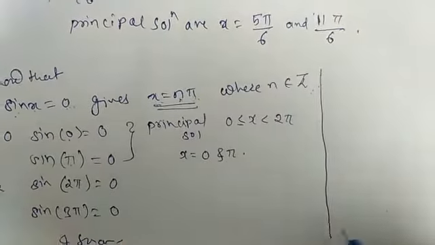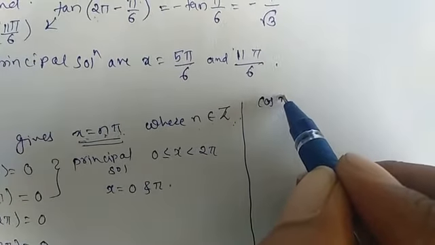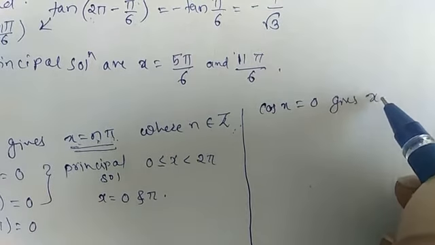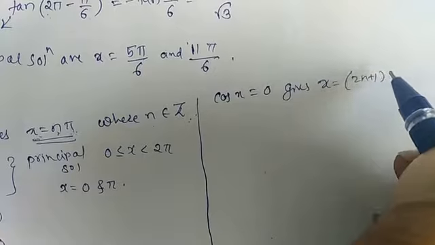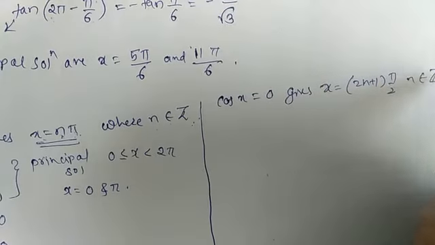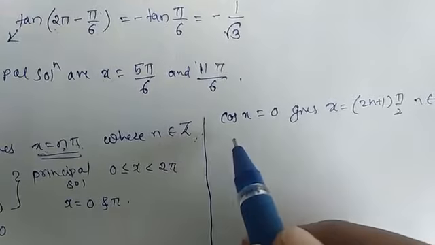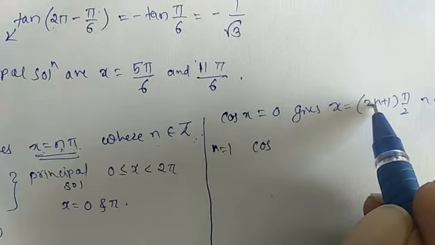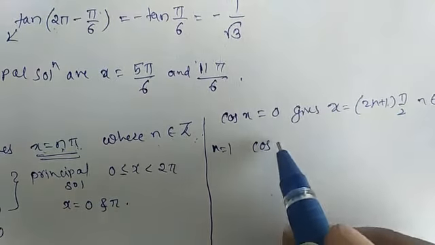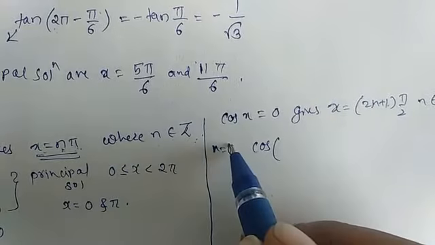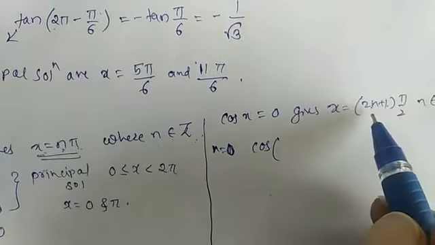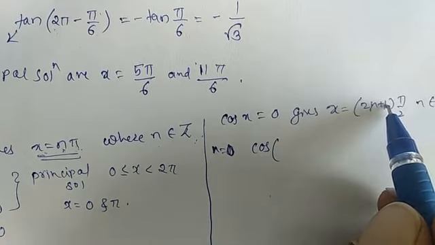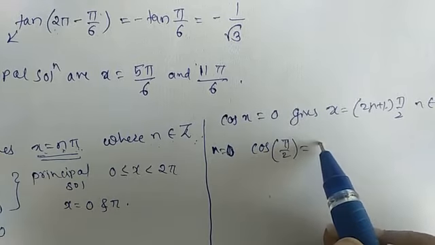Now also we know that cos of x is equal to 0 gives x is equal to twice n plus 1 pi by 2, n belongs to z. So in this case also, it starts from n is equal to 0, so for n is equal to 0 it is 0 plus 1, which means pi by 2, cos pi by 2 is 0.